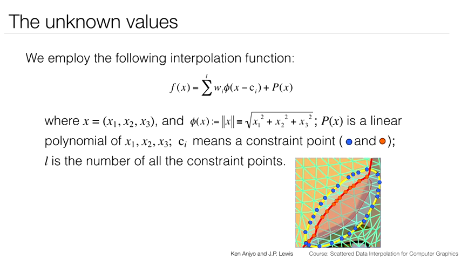Phi means just the absolute value in 3D space, and p(x) is again a linear polynomial. And c_i here means the constraint point in the space, with the newly added intensity value assigned at these points. And here L is the number of all the constraint points.